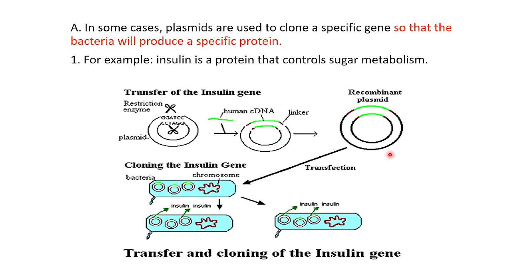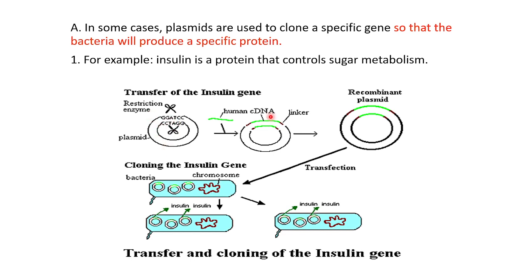Now in some cases, plasmids are used to clone a specific gene so that the bacteria will produce a specific kind of protein. Like we have heard of insulin, which is a protein that controls your sugar metabolism. So in the same way the treatment is done, and it is cut at different sites by a particular restriction enzyme.